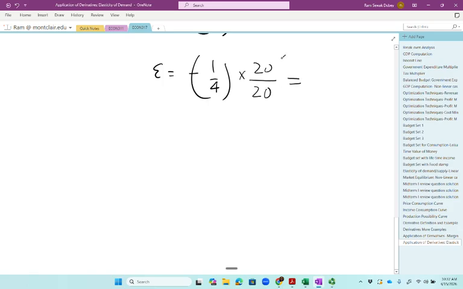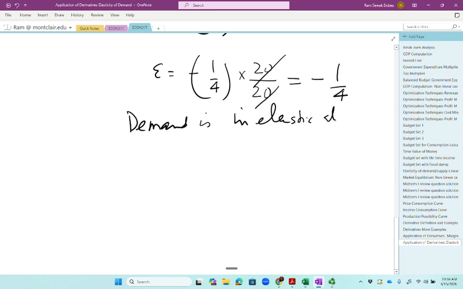So these two terms cancel out. The elasticity is negative 1/4, or I can say demand is inelastic at P equal to 20.